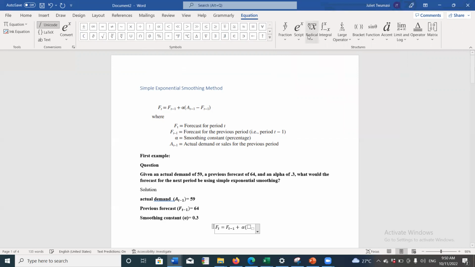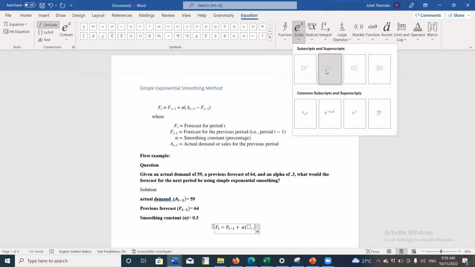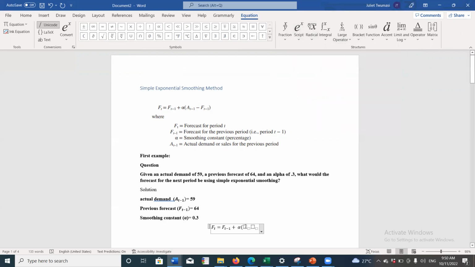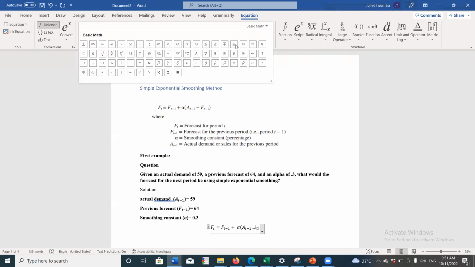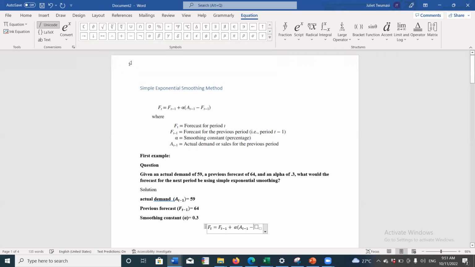So I'll have two of these because you have the actual here for the previous period. You can have the minus sign from the symbols here.